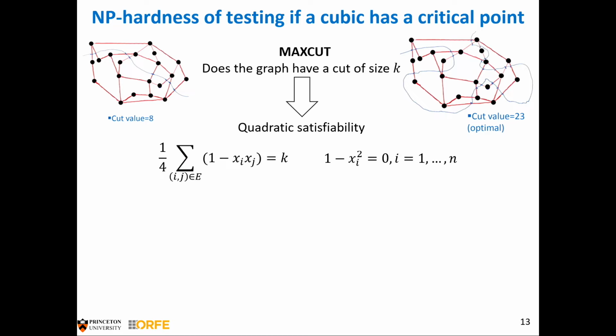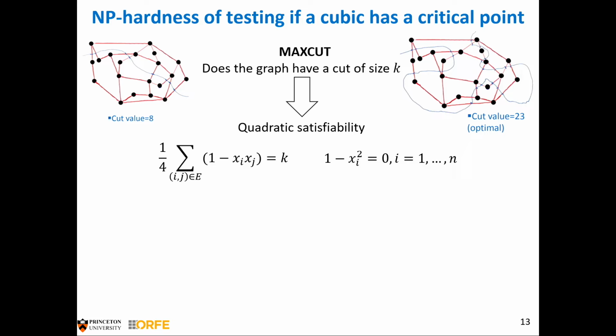We can very easily model this problem as that of testing if a system of quadratic equations is feasible. Here I'm asking every node to get a label +1 or -1. -1 would be the left-hand side of the cut, and +1 would be the right. And this is saying that the number of edges crossing from -1 to +1 is k. Why?